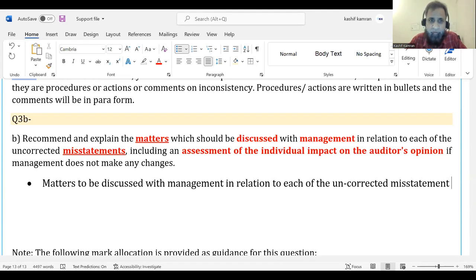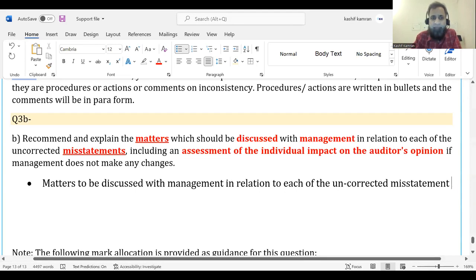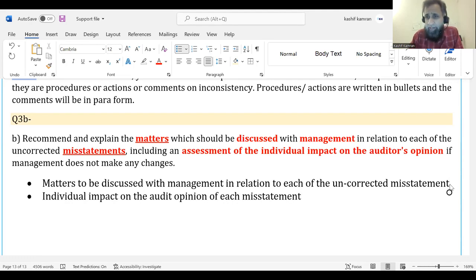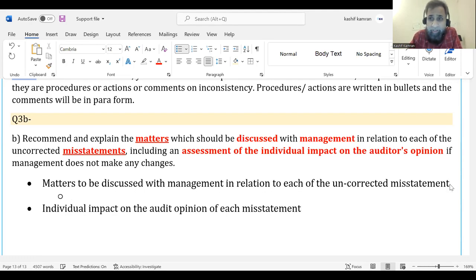True, right? So matters to be discussed with management in relation to each of the uncorrected misstatement. And secondly, individual impact on the audit opinion of each misstatement. Everything is worth 1 mark, right, in a reporting question.